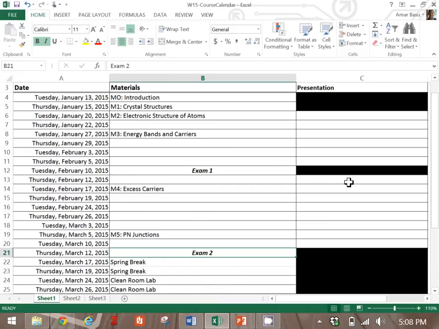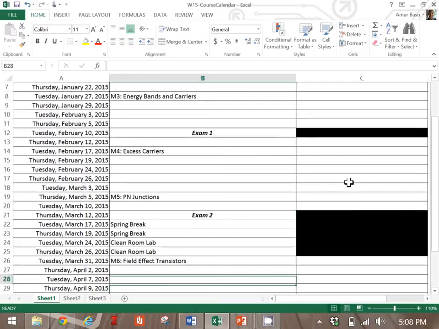Right after spring break, the plan is to do the clean room labs. So I mentioned that I changed the class a little bit a few years ago so that we have this fabrication component in there, the manufacturing component. How do we actually make semiconductors? So in the Semiconductor Fabrication Lab, you will go into our clean room facility up on the 3rd floor.